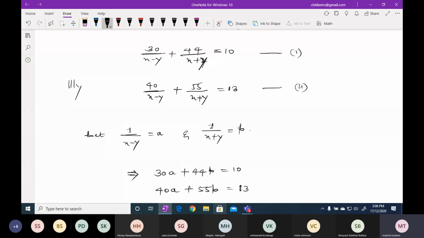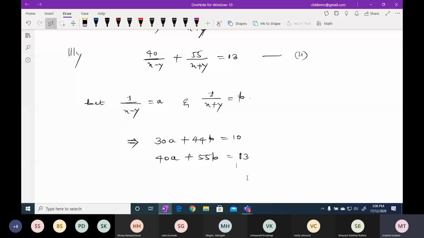Now solve by any one method. You have 3 methods, so solve these two equations by any. Which method can we use here?